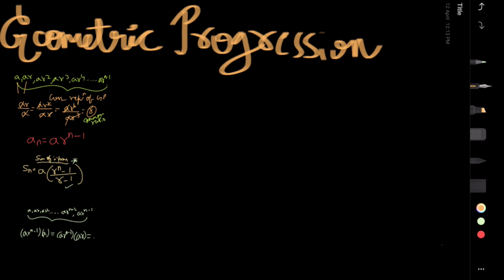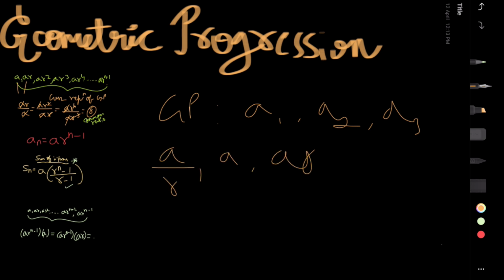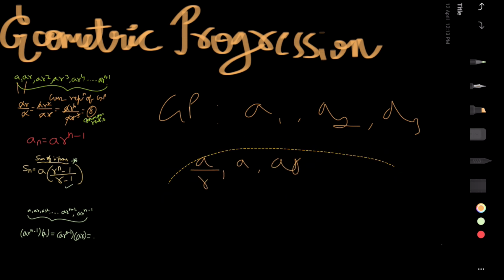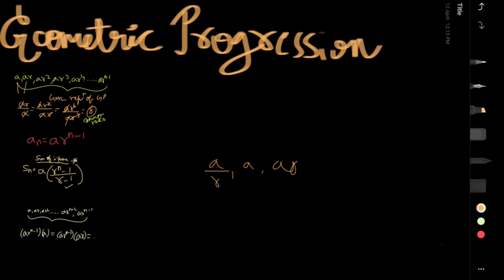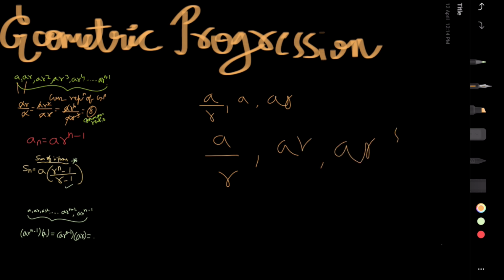Now we will see GP. If I have three terms A1, A2 and A3 in GP, I can take them as A by R, A and AR. If I have 4 terms, I can take them as A by R cube, A by R, AR, AR cube.